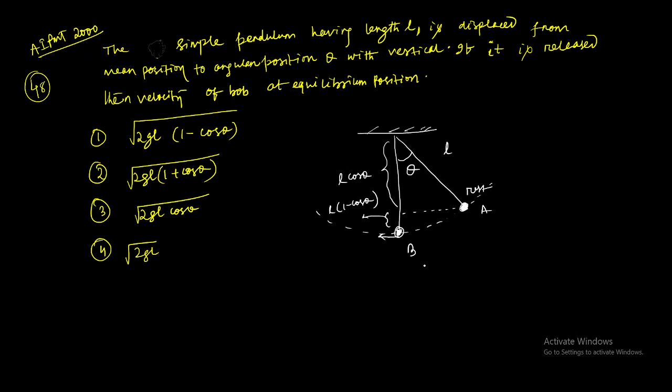Okay, so total energy at A is equal to total energy at B. Apply the conservation of energy because there is no dissipative or non-conservative force, so you can apply the total energy conservation, right?